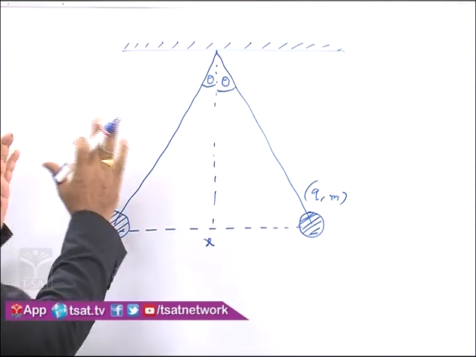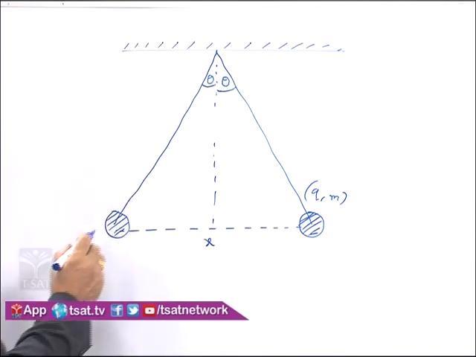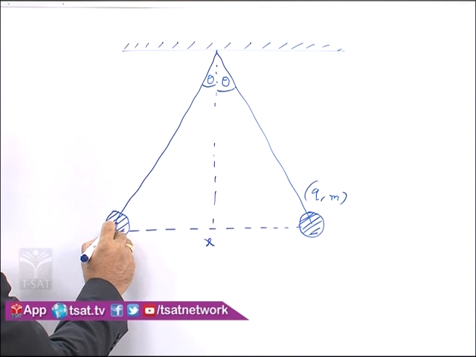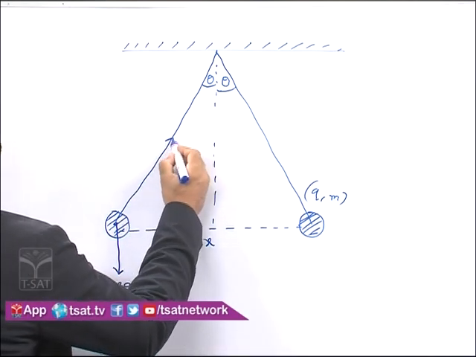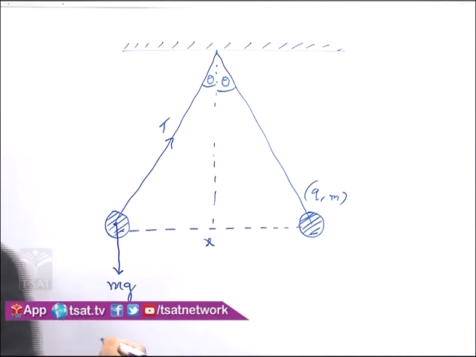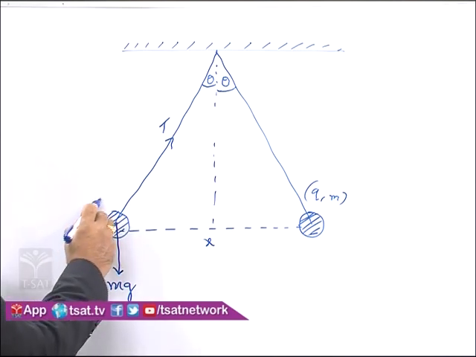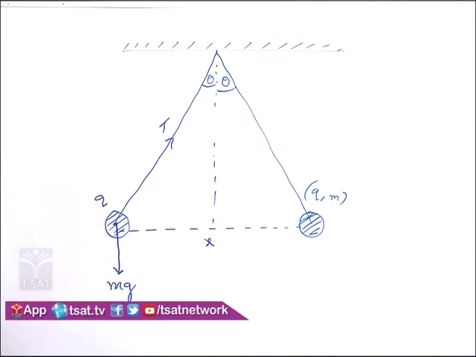The forces acting on the system are, first, the gravitational force of this ball acting downward, mg. Second is the tension force acting along the string. This ball also has the same charge and same mass.